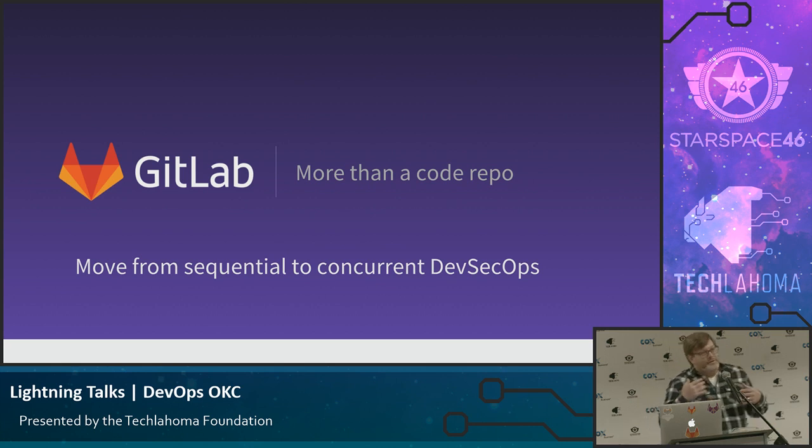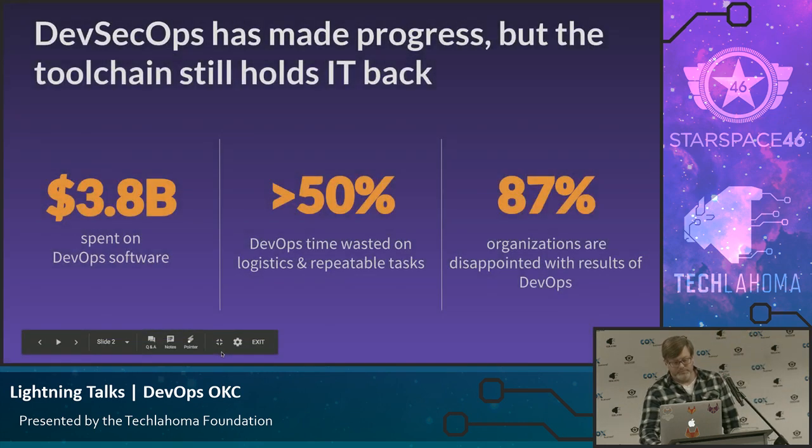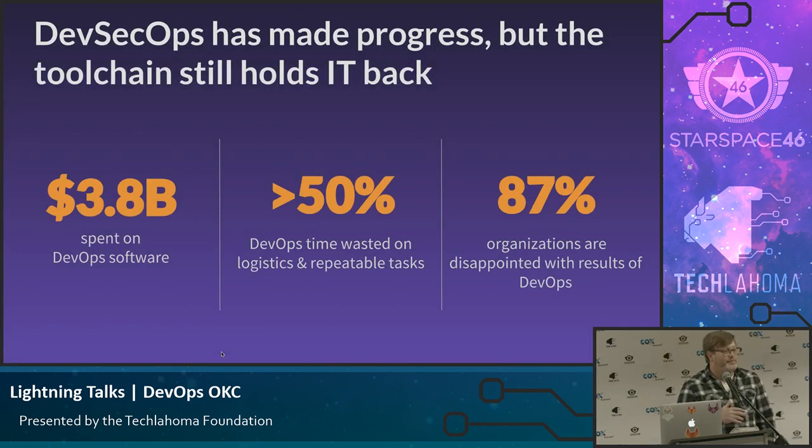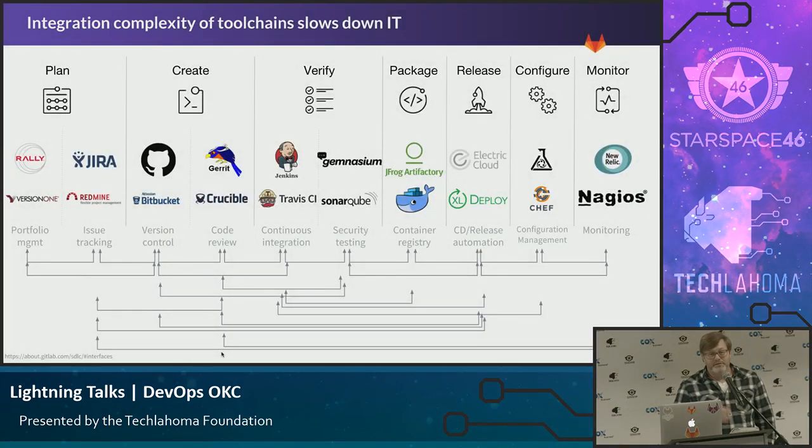DevOps is culture, people, and processes and tools. I'm going to talk about the tools part of it today, and we'll get moving. A lot of people are spending a lot of money in DevOps, and a lot of people don't feel like they're getting the value out of it. We're starting to see the biggest problem being a picture that kind of looks like this.